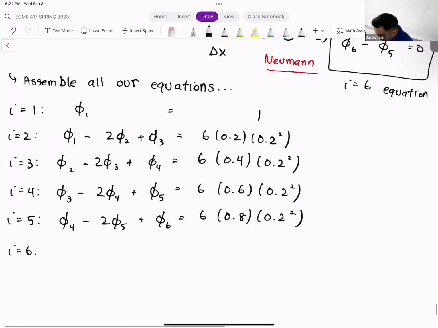So let's go ahead and write that equation in. I'm going to swap the order of the terms just to make it consistent with the rest of the ordering. So you have minus phi5 plus phi6 is equal to 0.